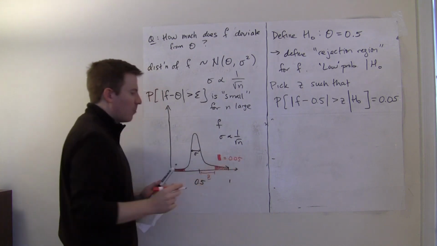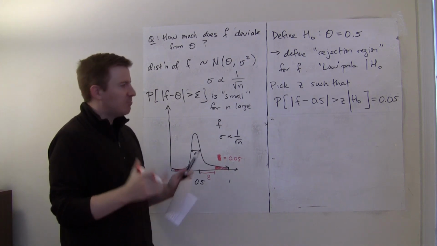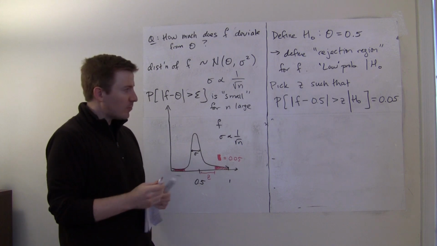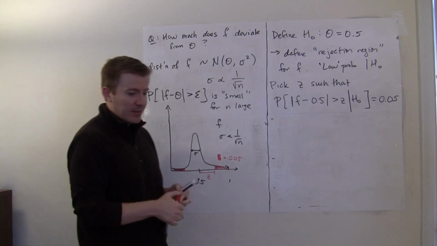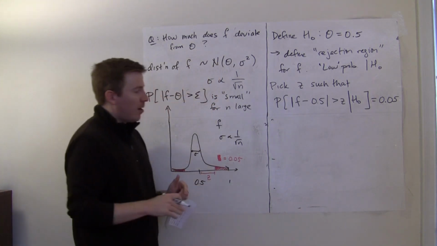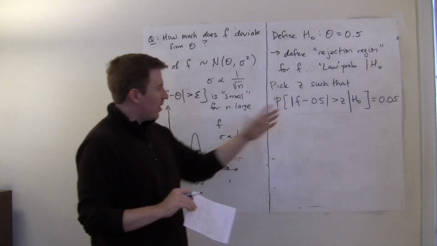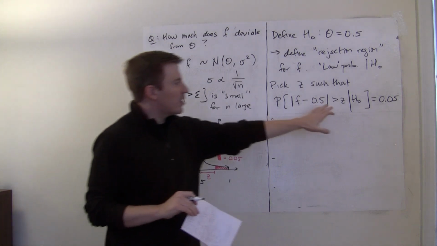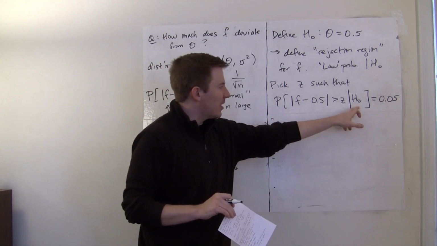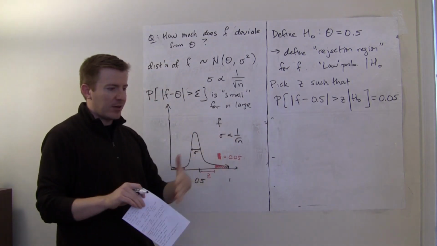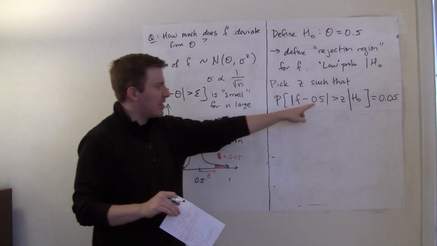So we basically find this z such that the area in this tail region adds up to this small constant, and why we usually take 5% is for historical reasons. It's just the standard practice. This is called the significance of the hypothesis test we're doing. Based on this binomial approximation, we can compute this value of z. Conditional on h0, f is a normally distributed variable with a particular standard deviation that has theta as its mean.